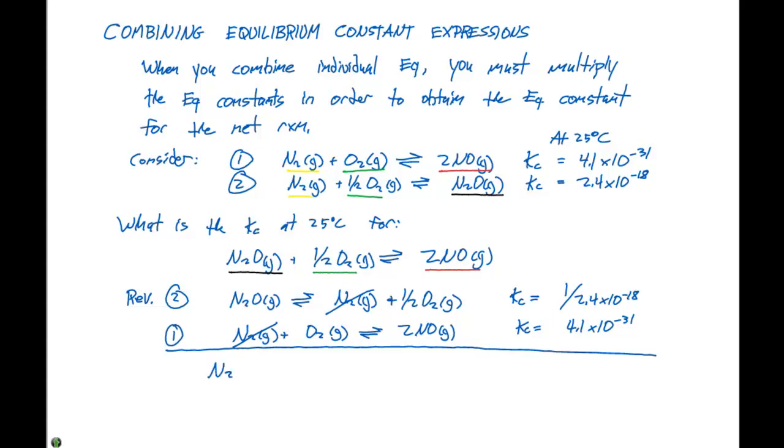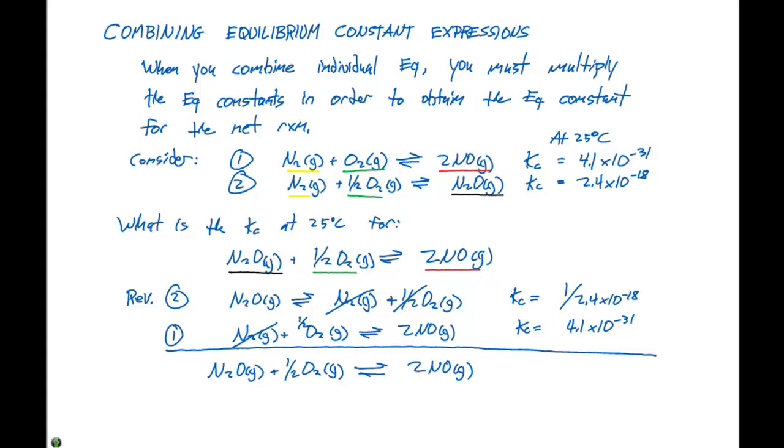We have N2O gas on the left-hand side. We also have an O2 gas, but we have a 1/2 of one over here, so this is going to cancel out with that, and we're going to have a 1/2 left over here. So we have N2O plus a half O2 in equilibrium with 2NO gas, which is what we were asked for.